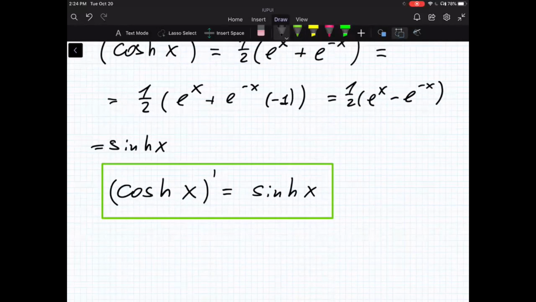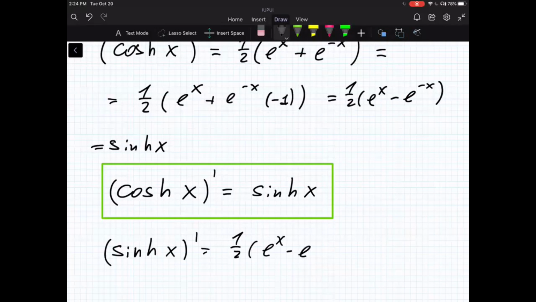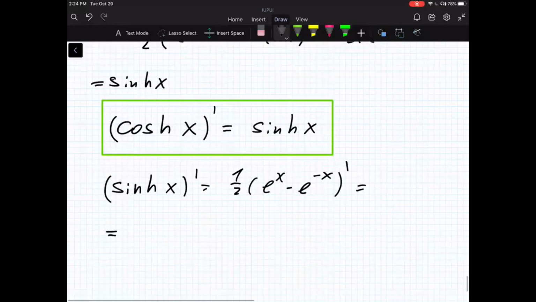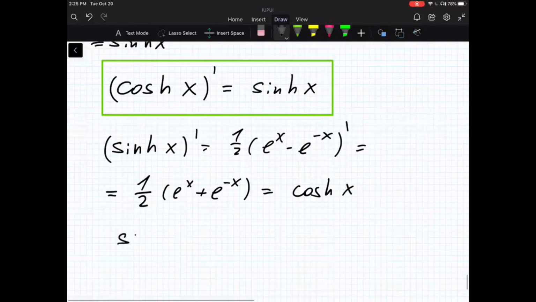And in the same way, derivative of the hyperbolic sine of x, which is 1/2 exponential of x minus exponential of minus x, and by the same idea, you get that it is exponential of x plus exponential of minus x, and so it's hyperbolic cosine of x. So again, you see that there are some differences.